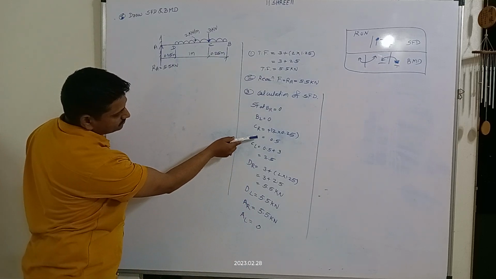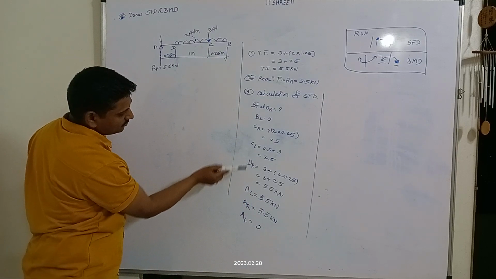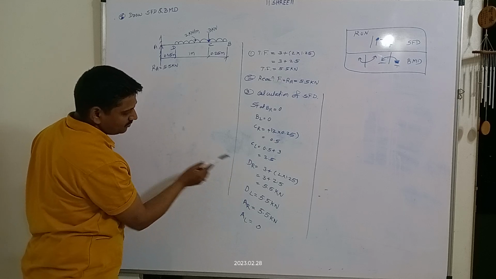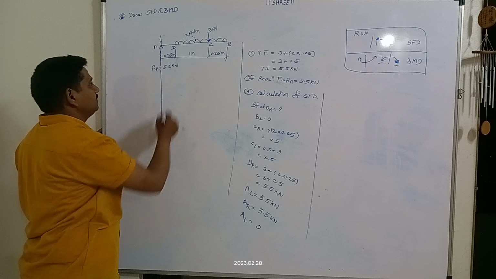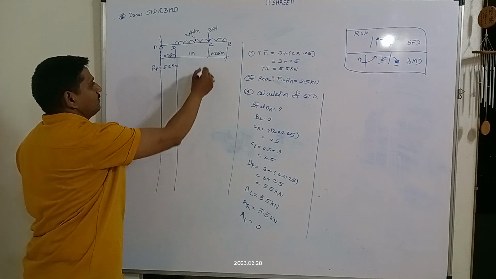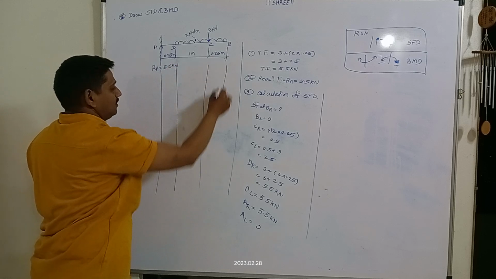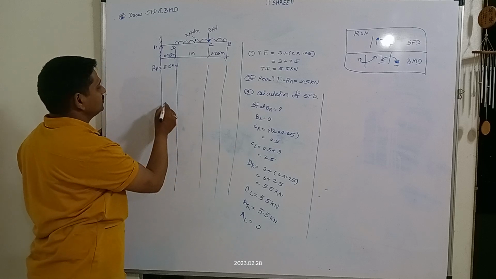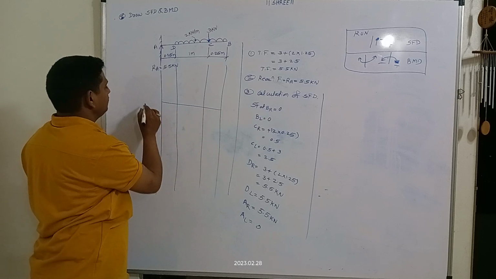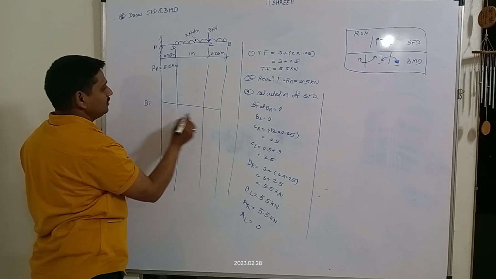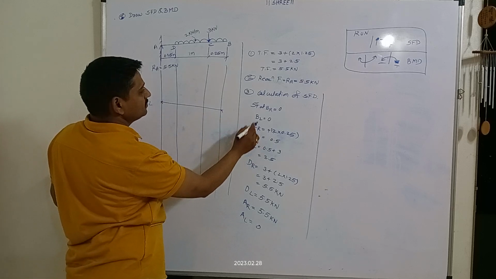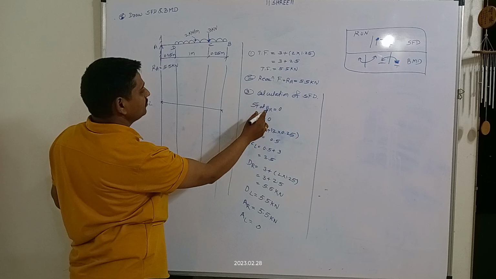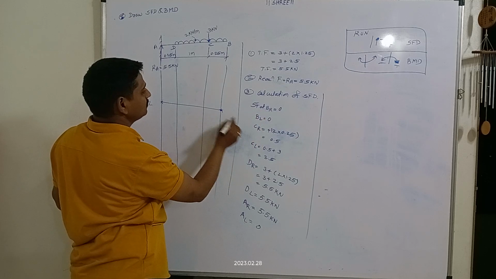Check the values 0.5, 3.5, 5.5, 5.5, all are positive. Take these lines. All are positive, so the baseline is here. B right and B left are both 0.